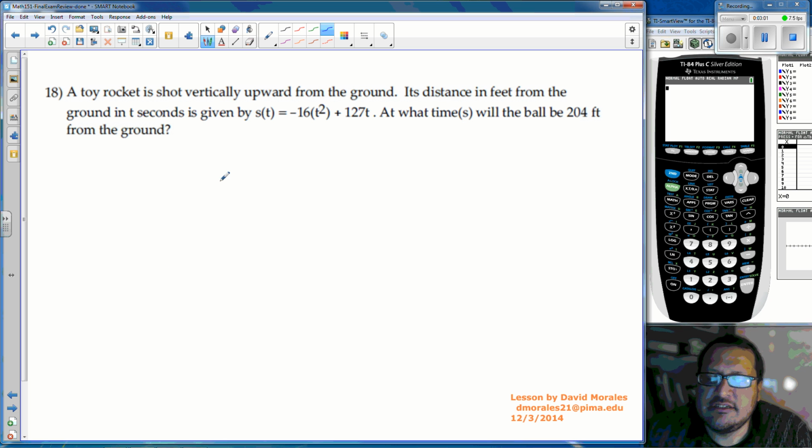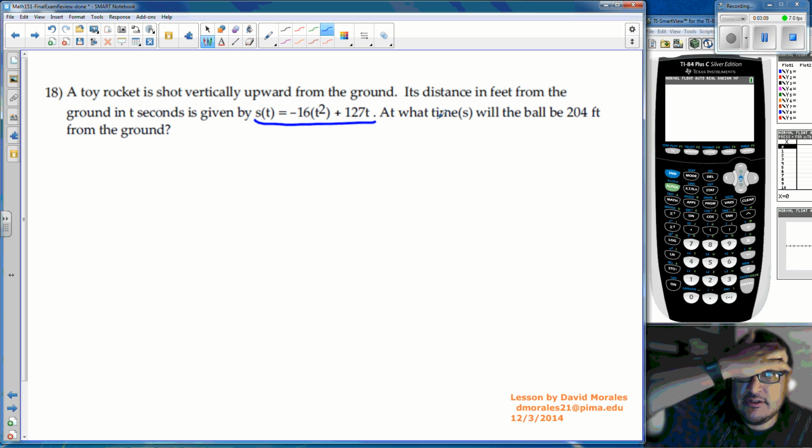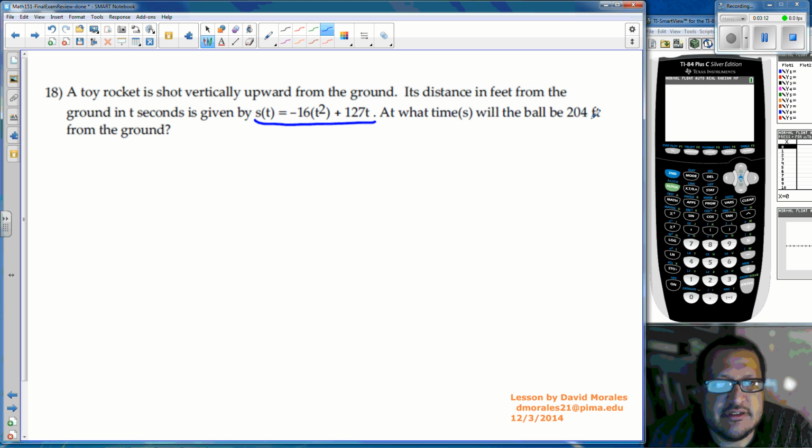The toy rocket is shot vertically. Once again, blah, blah, blah. We have a math problem right there. And at what time will the ball be 204 feet from the ground? So the distance in feet above the ground is s of t.